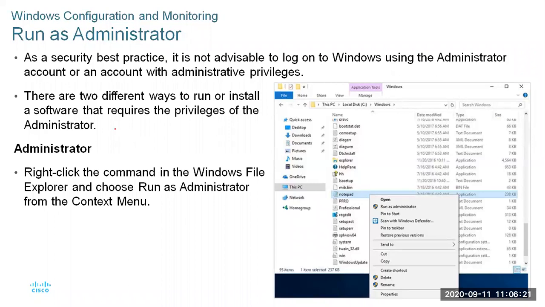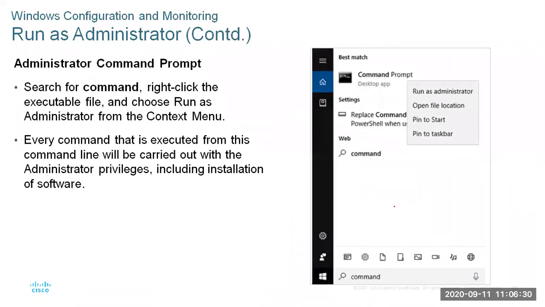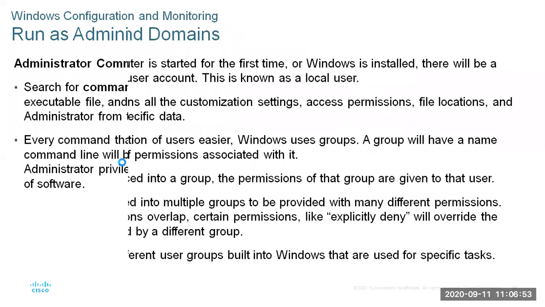You just right click the application and say run as administrator. All right, so it will invoke the administrator privilege and then you can go. Or you can search for command prompt, right click the executable file, and choose run as administrator from the context menu. Every command executed from this command line will be carried out with administrator privilege, including installation of software.